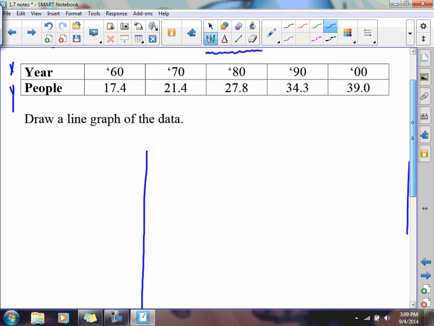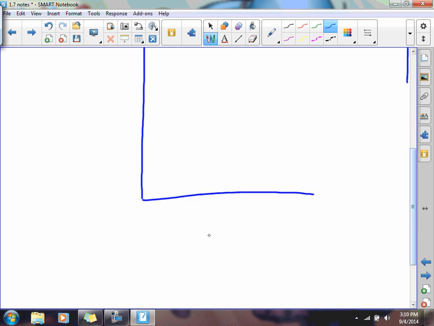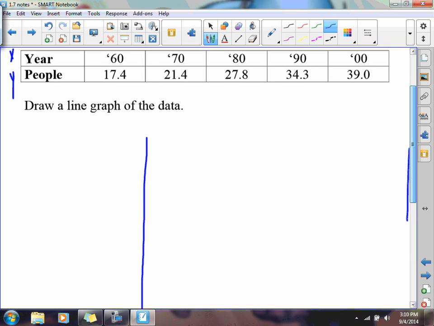My x values were the year again. And we're starting in 1960. We're going every 10 years. So 60, 70, 80, 90, and then 2000. I can just put 00 for that. And then my y-axis is the number of people.